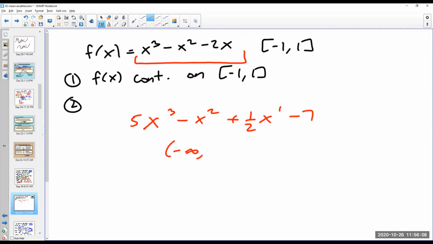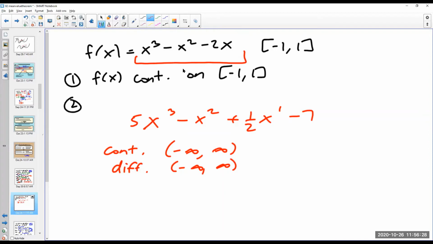And polynomials are always continuous for all reals, from -infinity to infinity, okay? The other thing nice about polynomials is that they're also differentiable. They're always smooth over all reals too, okay?